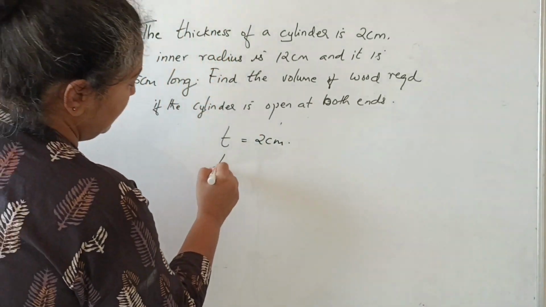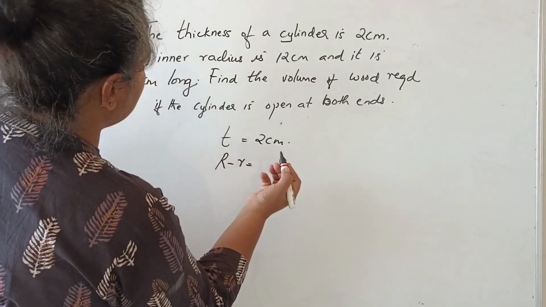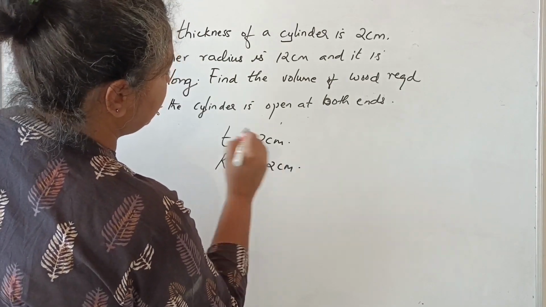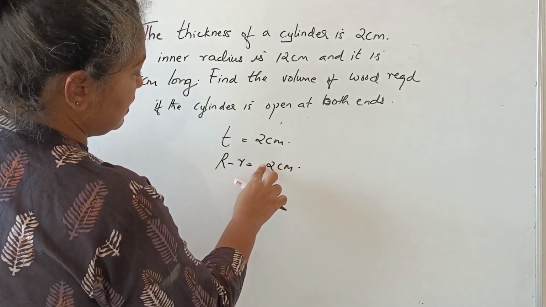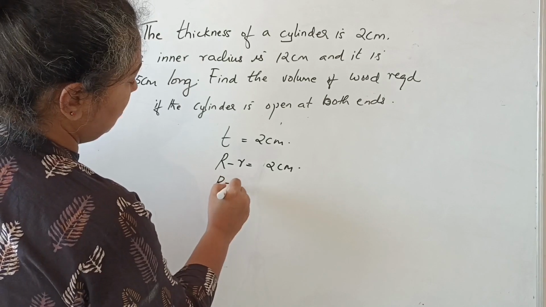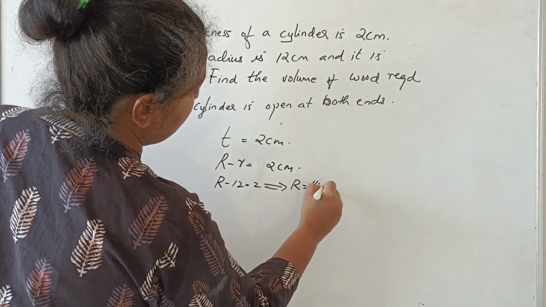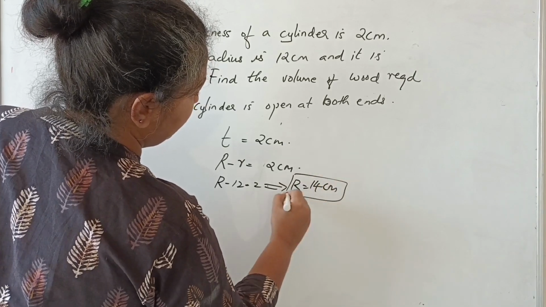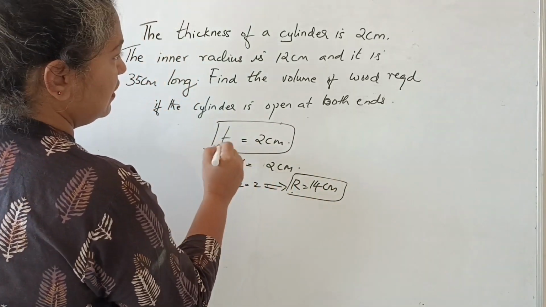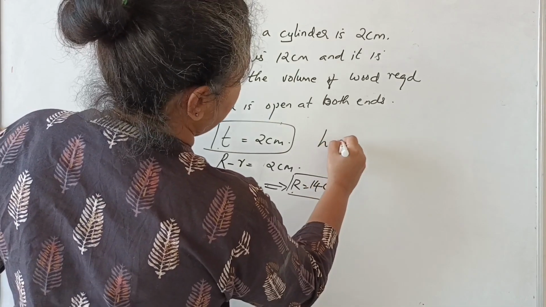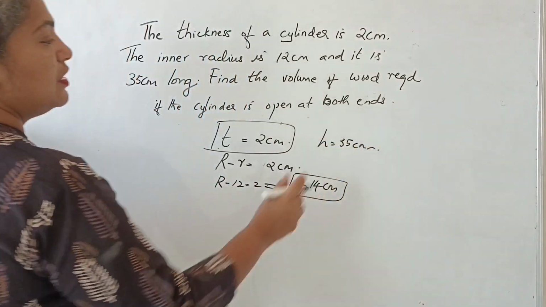The thickness is given by outer radius minus inner radius, which is given as 2 centimeters. The inner radius is given to be 12, so I know that my outer radius is 14 centimeters. I know that the height is given to be 35 centimeters.